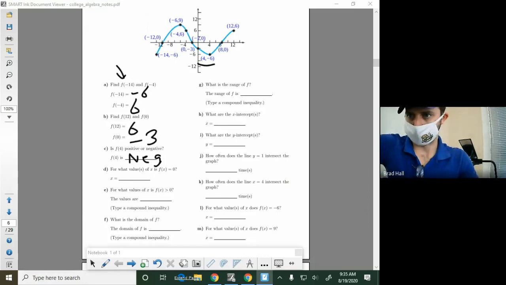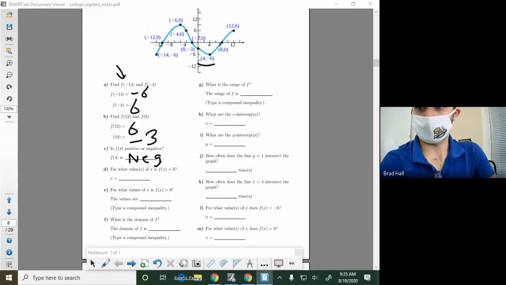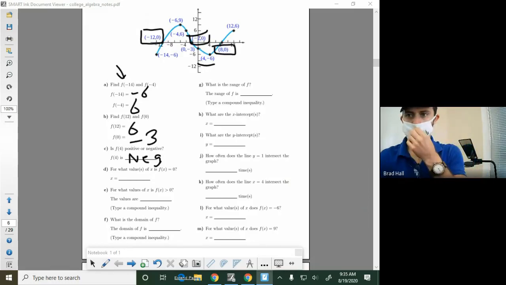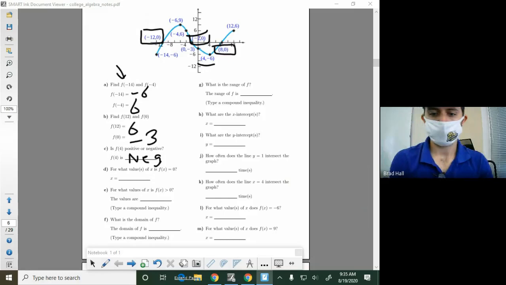So we look at the graph up here. So when is the y coordinate 0? I see 3 instances of it. There's a y equal to 0 there. There's a y equal to 0 there. There's a y equal to 0 there. So all the places where 0 is the second coordinate. And now it wants the x values.